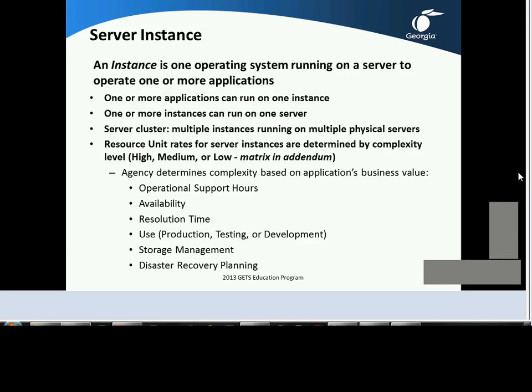But it's important to note that the agency determines the complexity based on their application business value. The things that go into that decision making are operational support hours, availability, resolution time, use, storage management, and disaster recovery planning.